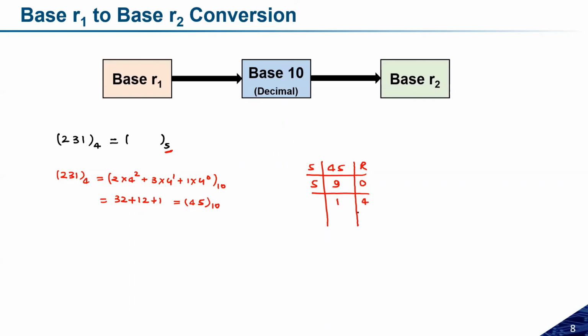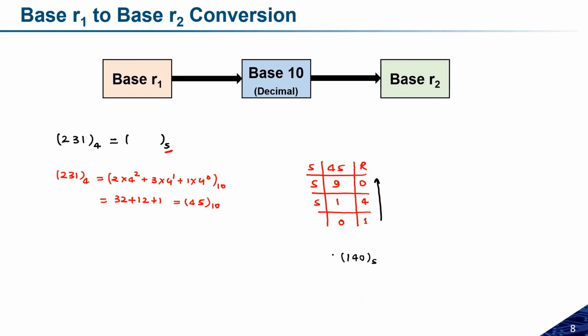Then again I divide 1 by 5, which gives 0 with remainder 1. Now I simply write from MSB to LSB, so the final number representation will be 140 in base 5.